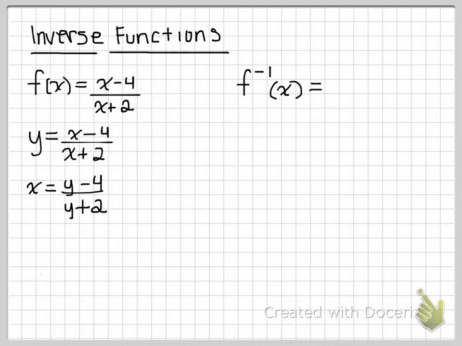So how am I going to solve for y? I'm going to cross multiply here to begin with. And then I'm going to isolate y. So I'm going to skip ahead a couple of steps here.